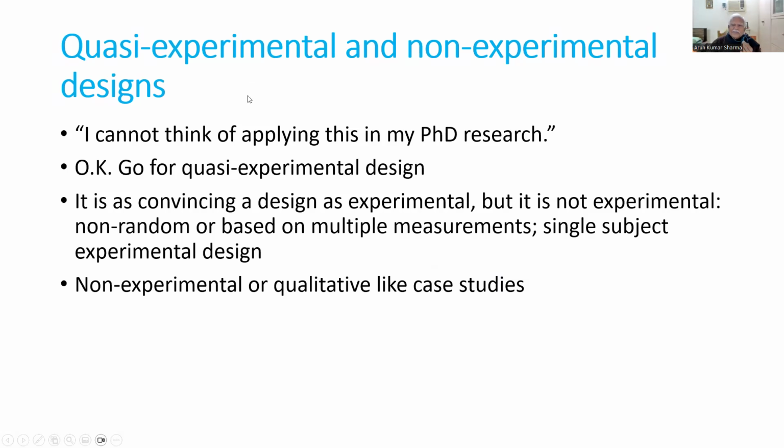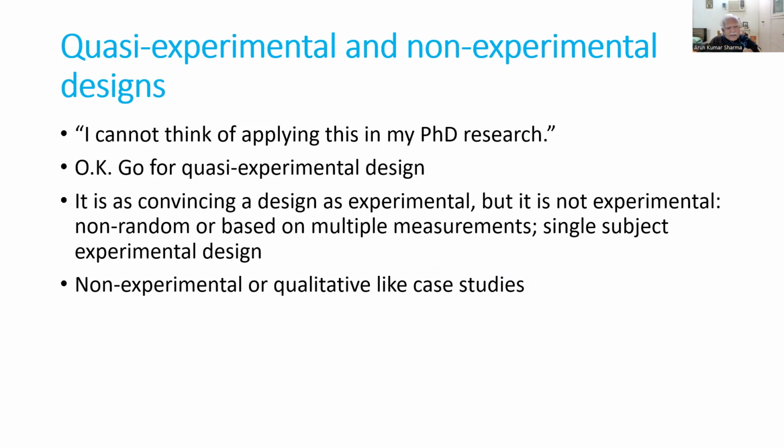So sometime for simplicity and PhD type research, we do not use experimental control, or randomization may not be possible. So we go for matching groups. That becomes a quasi experimental or non-experimental design. You may have a feeling that I cannot think of applying a randomized control trial, where randomization also requires a complete listing of all the participants before you randomly allocate them to control and experimental groups.